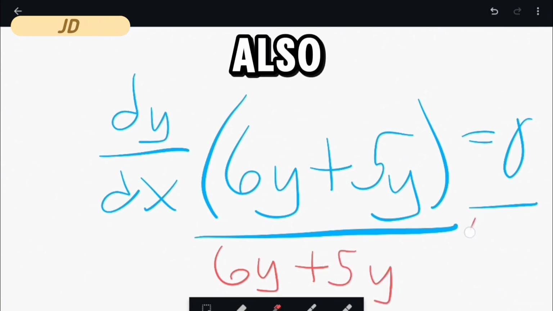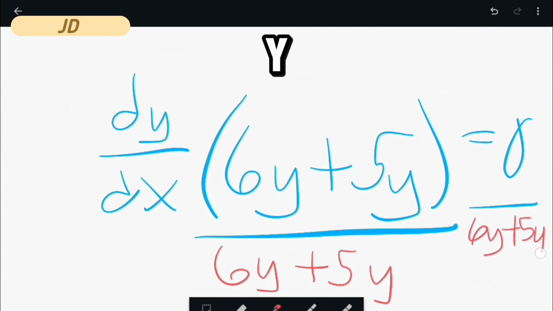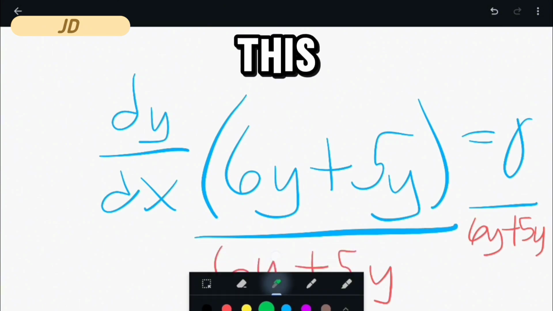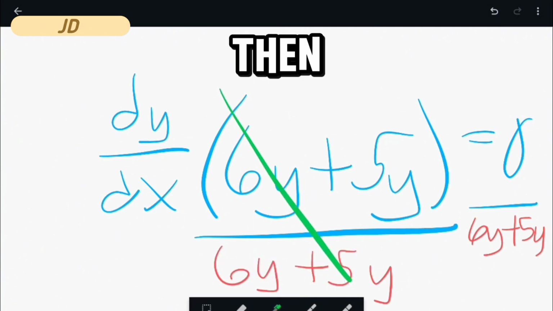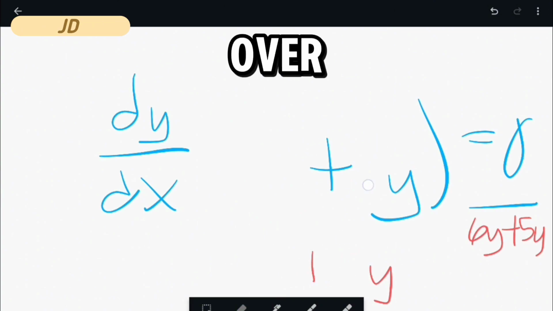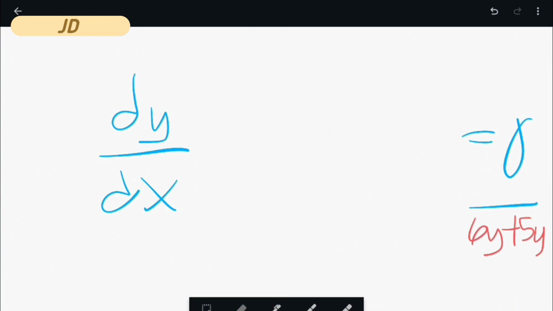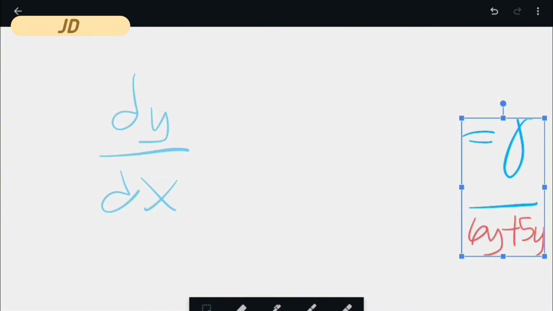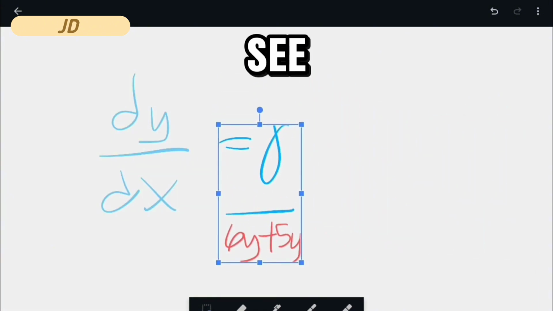This will also be divided by 6y plus 5y. Then we can cancel this one out, and then we were left with dy over dx. See?